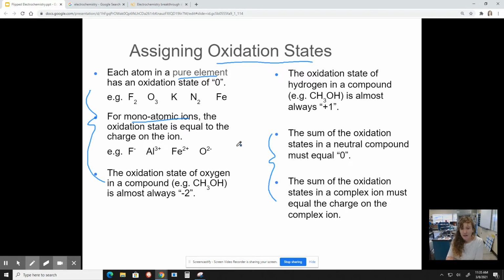And then after that, we default to what is common. Our common things include hydrogen, almost always a +1, oxygen, almost always a -2, and even things like alkali metals or halogens, those things are pretty consistent, +1s, -1s.